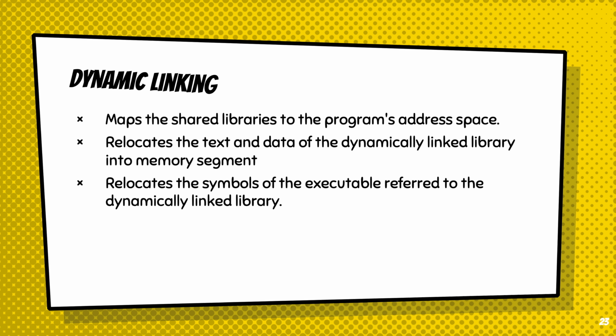After the shared libraries are mapped into the program's address space, where they can be accessed by the currently executing program, the dynamic linker will then relocate the text and data of those dynamically linked libraries into memory segments. In the end, the linker will relocate the symbols of the executable that refer to the dynamically linked libraries.